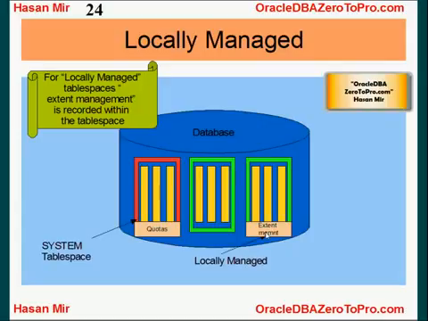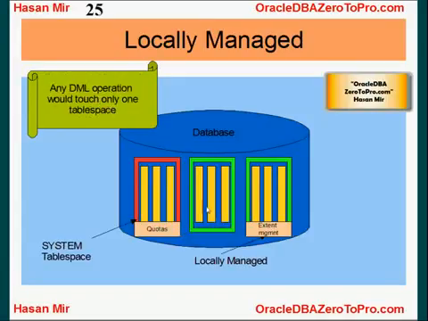But since data files are within the table space, we can say it's sitting in the table space. Only the quota information, like what is the quota for each table space, is sitting on the system. So if you perform any DML operation on any objects in a locally managed table space, then the system will only have to touch one table space. Okay, so the system table space doesn't have to be touched, so that will be faster performance.